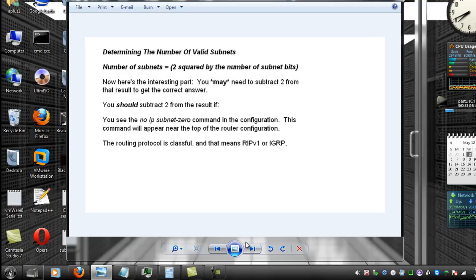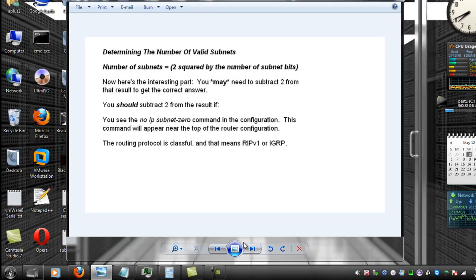If you see the no IP subnet 0 in the configuration of the router, you subtract 2. You'll see this right in the top of the router config. You can't miss it. You see it all the time if you look at configs. If the routing protocol is classful, you need to subtract 2 from the result, and that means either RIP version 1 or IGRP.